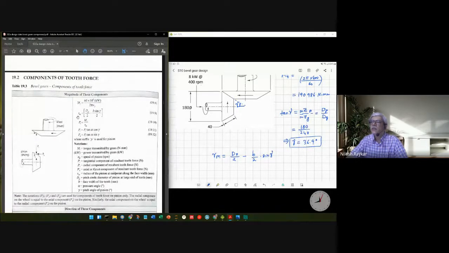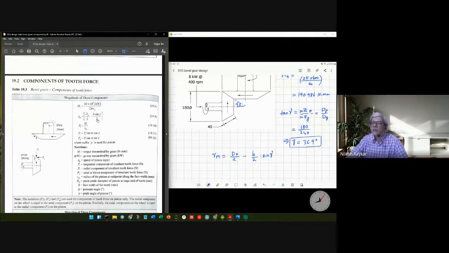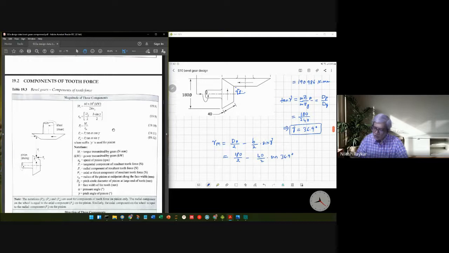This is the Rm equation. Substituting the values, we get 180 divided by 2 minus 40 divided by 2 into sine of 36.9 degrees. So we get Rm as 78.0 millimeters.